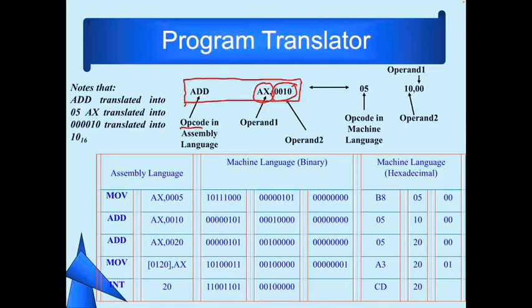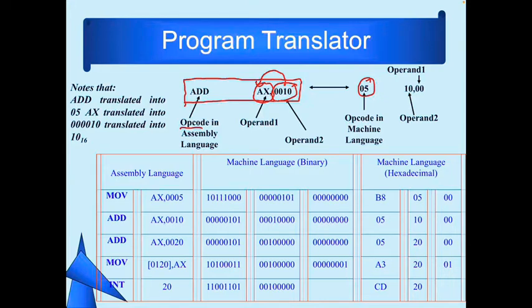In this case we want to add 0010 into memory AX. And then 50 is the opcode in machine language.